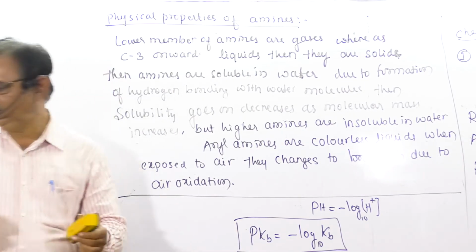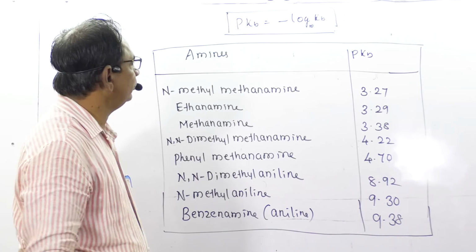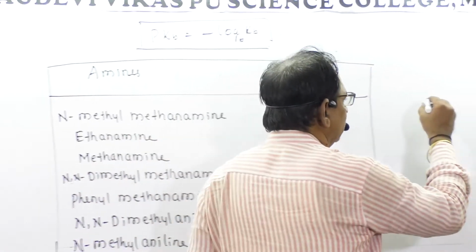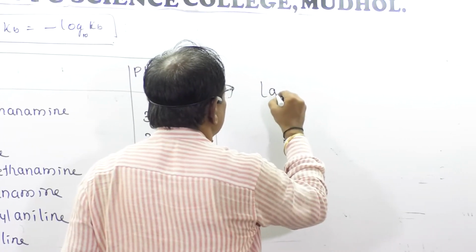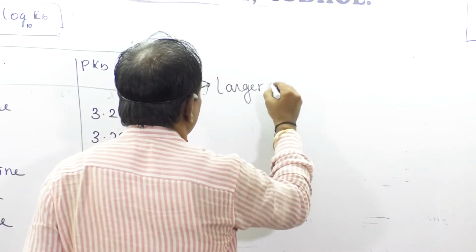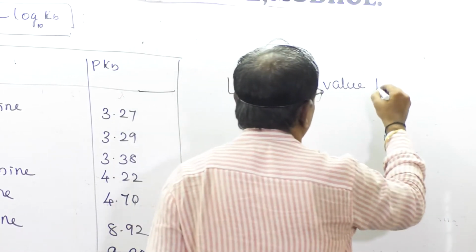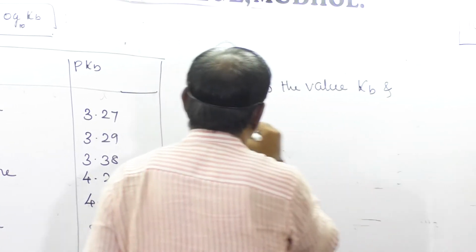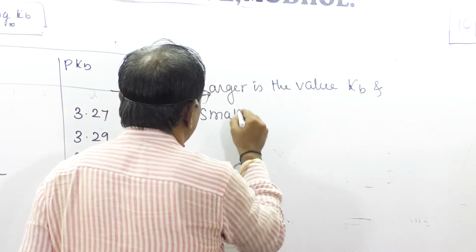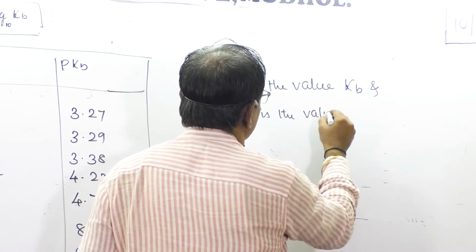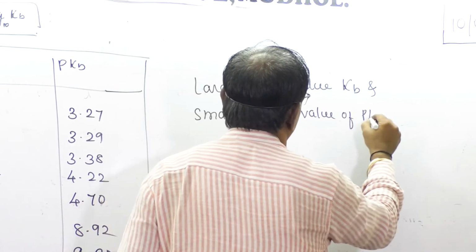See, students, the larger the value of Kb, the smaller the value of pKb.